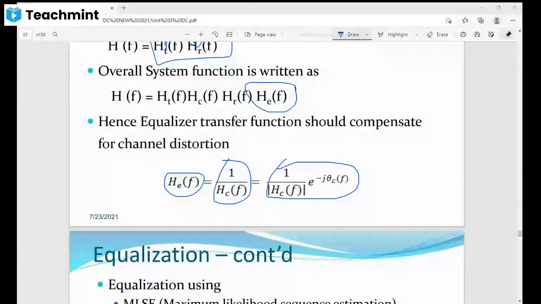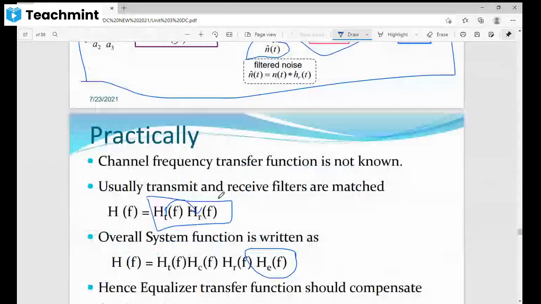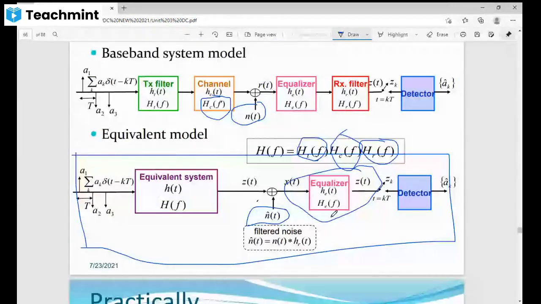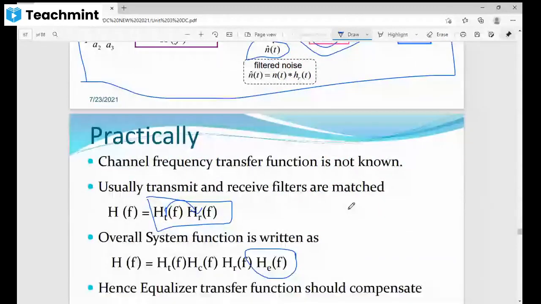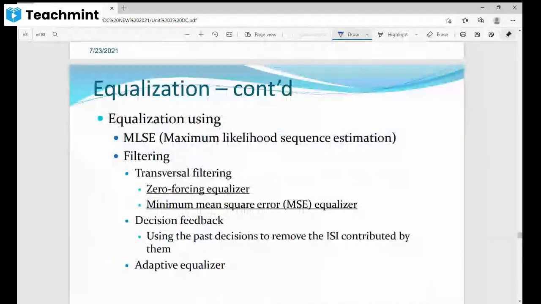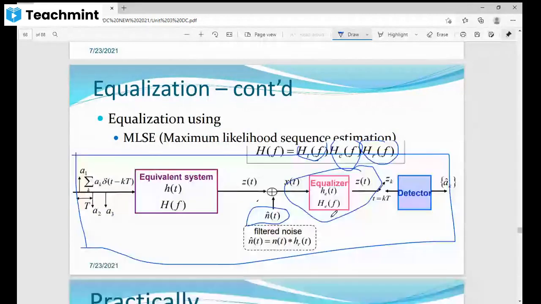Then maximum likelihood sequence estimation.